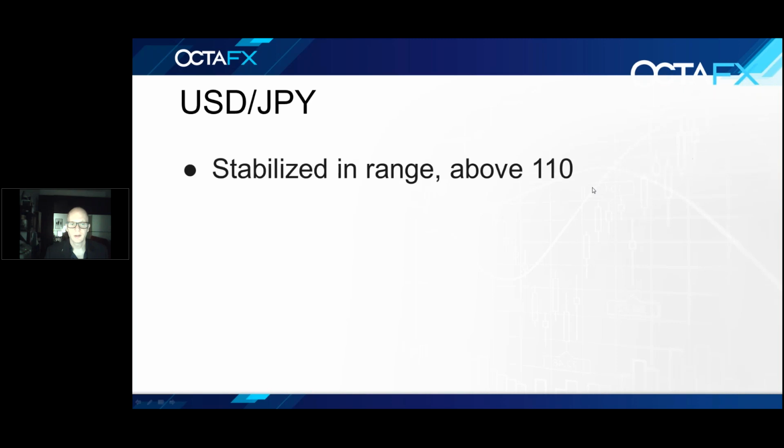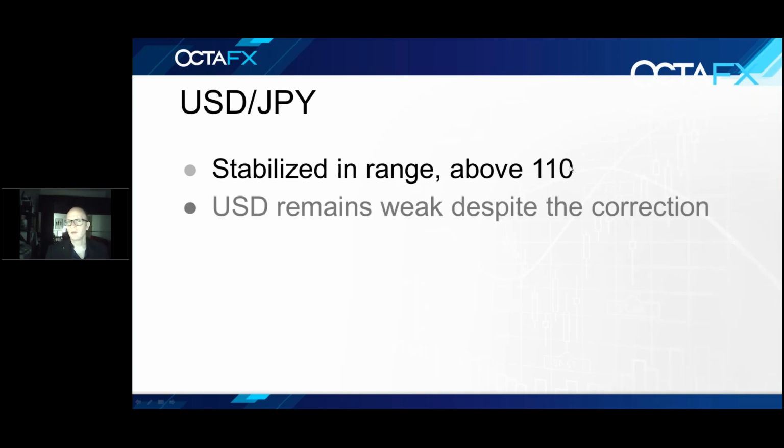Okay, dollar yen in general. It stabilized in range above 110, but then we had this North Korea issue, which sent it down. All in all, I see the US dollar as remaining weak despite the significant correction, especially against the yen, especially with all these geopolitical issues.